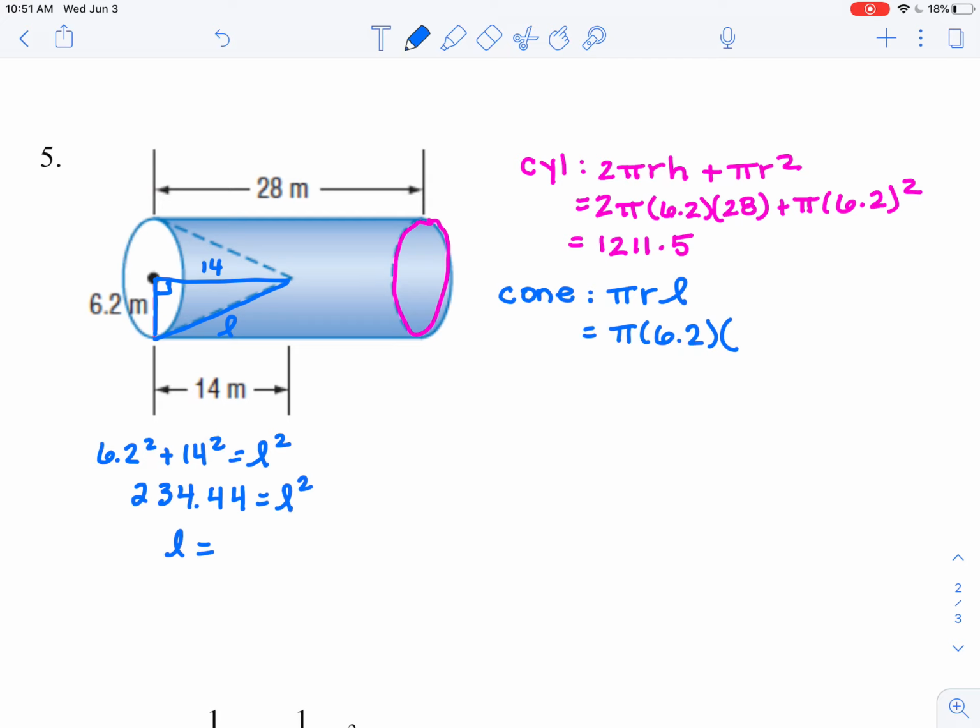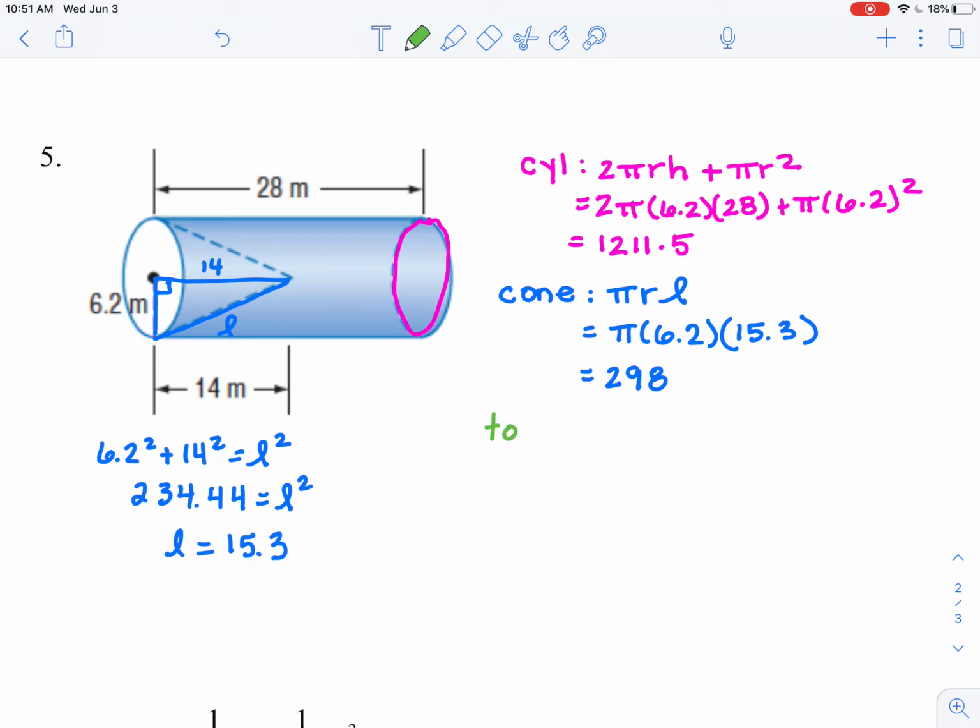And when you square root both sides, our slant height is about 15.3. When we plug that into our formula for the cone and plug and chug, we get a lateral area of about 298 meters squared.